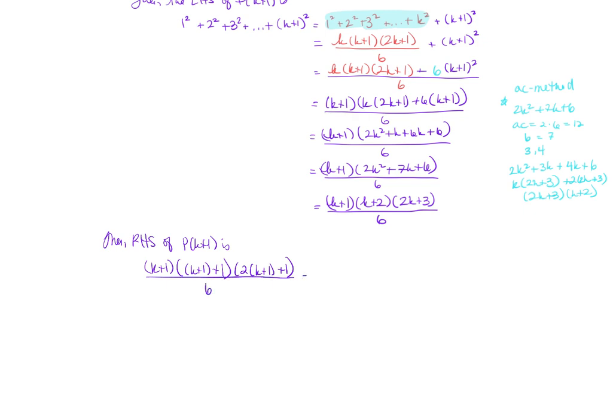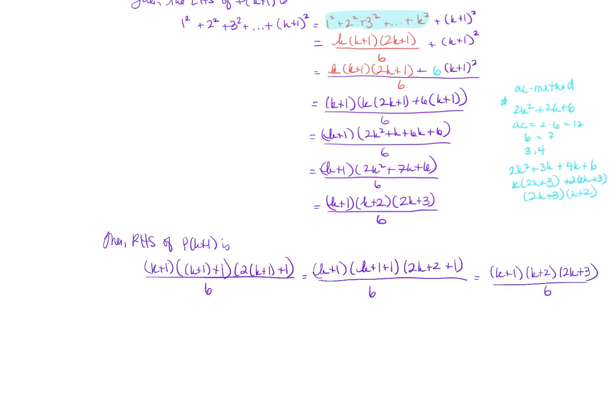So it looks kind of gross. But once we start to simplify, we get k plus 1 times k plus 1 plus 1 times 2k plus 2 plus 1. And I hope you're seeing already that this is going to be the same thing. It's going to be k plus 1 times k plus 2 times 2k plus 3, all over 6.